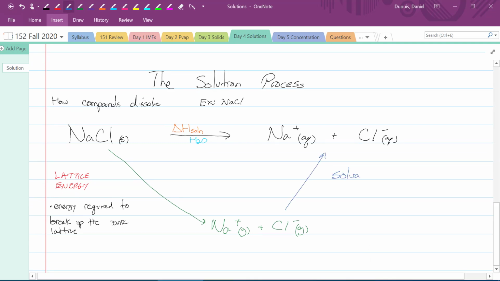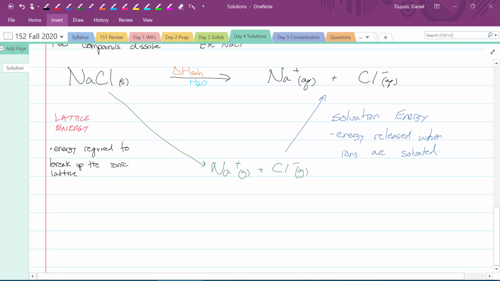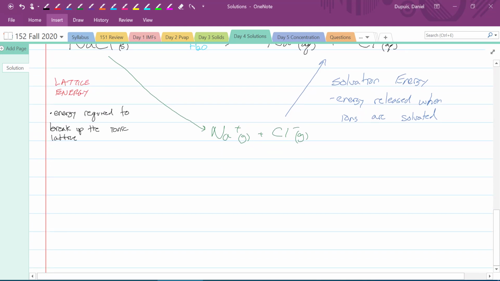And then we have solvation energy. This is the energy released when ions are solvated. What is a solvated ion, you might ask? Let's look at a solvated Na+.